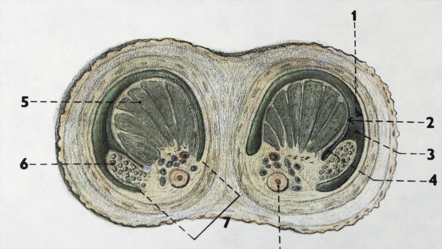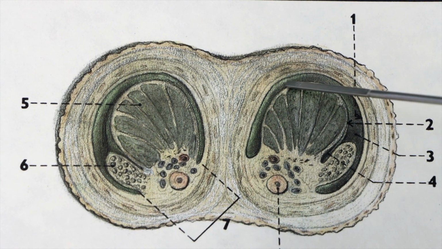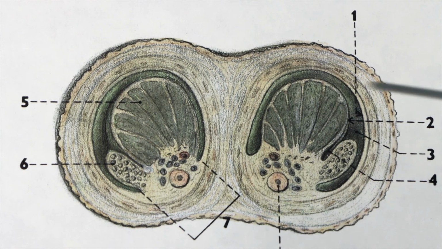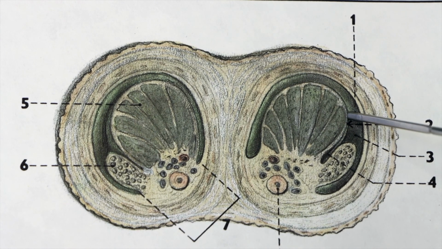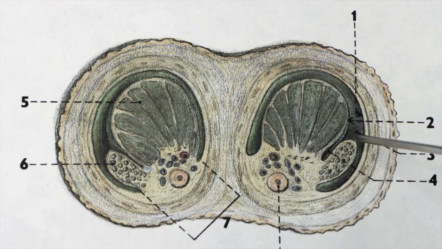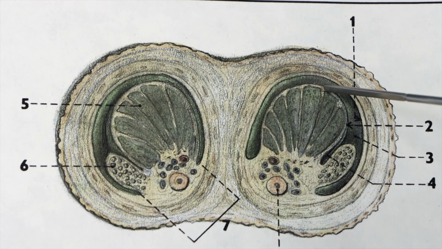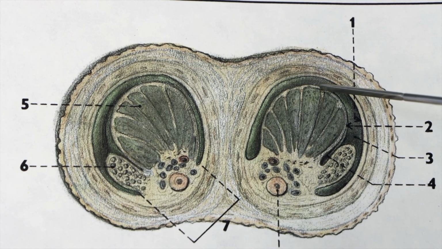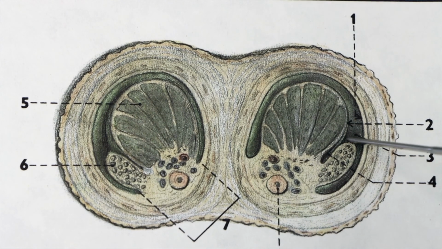What I wanted to show you is that on the surface of the testis you can see this whitish structure, which is the tunica albuginea, and on the surface of this whitish tunica albuginea is the visceral layer of the tunica vaginalis, or the epiorchium, covering exactly the surface of the tunica albuginea.